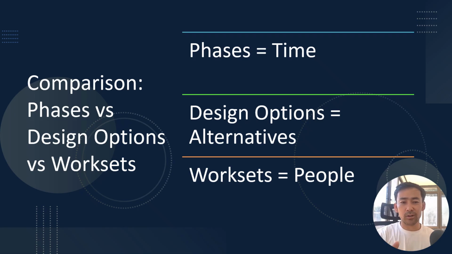Design options are used to manage design alternatives, and then we are able to finalize our primary option. Worksets are used to manage people. So we manage people, manage alternatives, and we manage time, all of them in Revit using various tools.